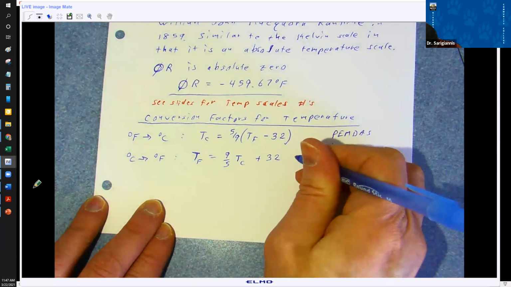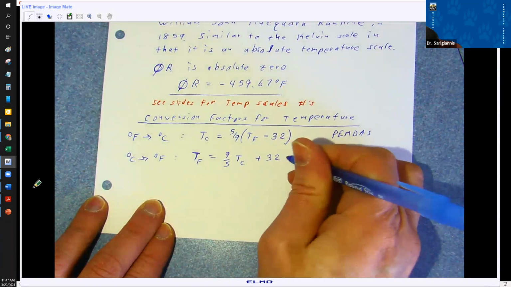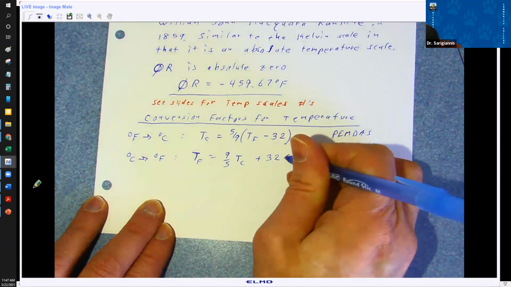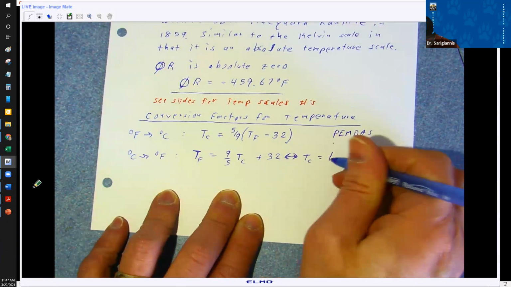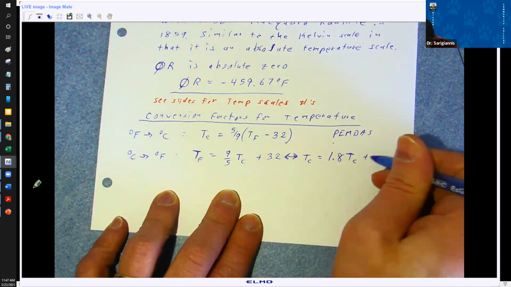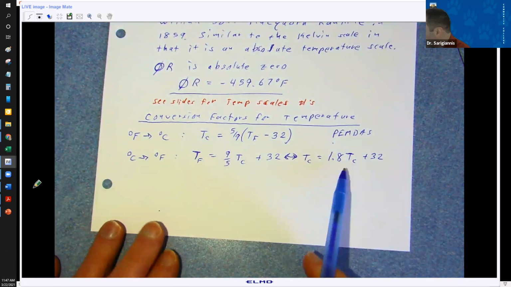This also is equal to, these are equivalent, I'll put a double-headed arrow here, 1.8 TC plus 32. Right, that's what the 9/5 is, the 1.8.